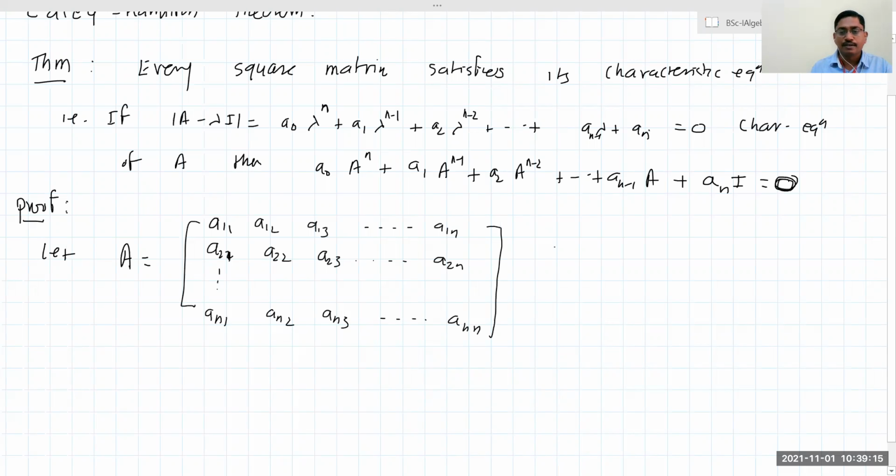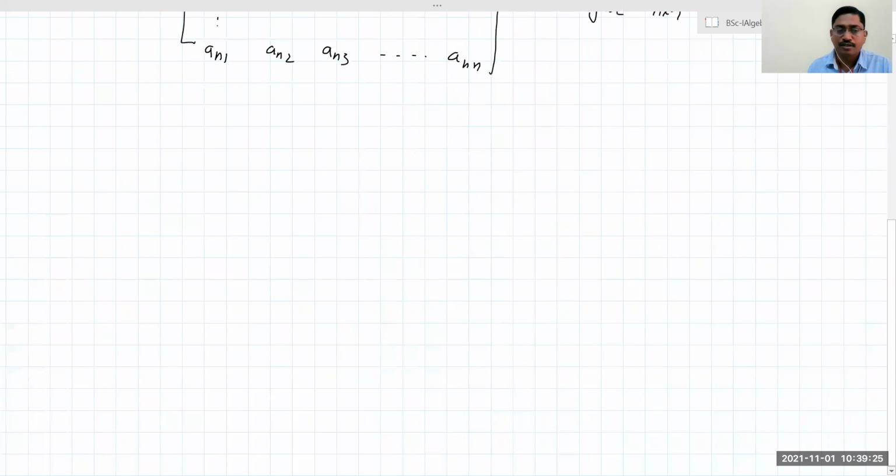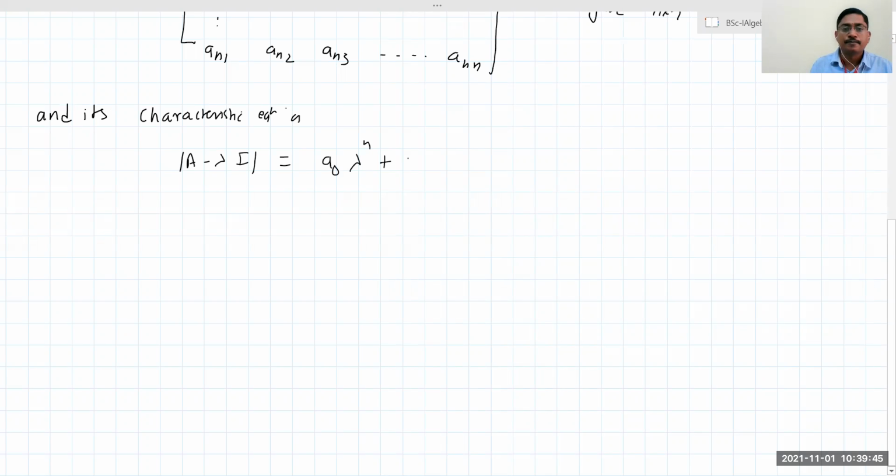Let this be the given square matrix, an n by n matrix, whose characteristic equation is determinant of A minus lambda I equal to, we suppose the characteristic equation as in the statement, a0 lambda raised to n plus a1 lambda raised to n minus 1, and so on, plus an.